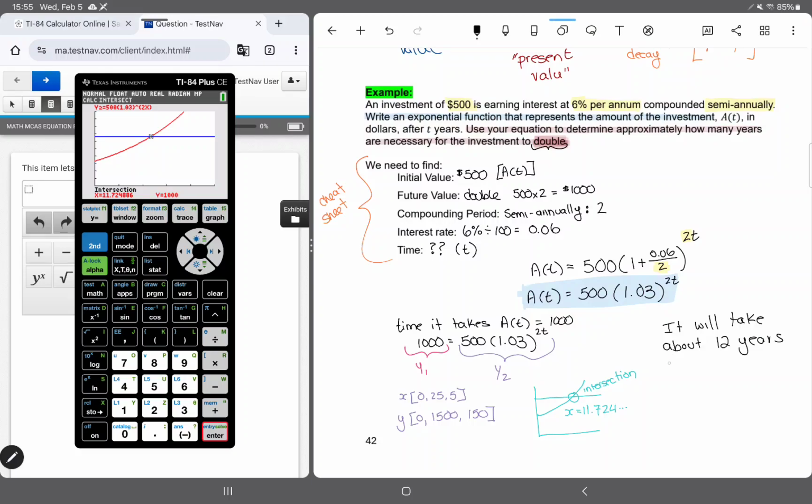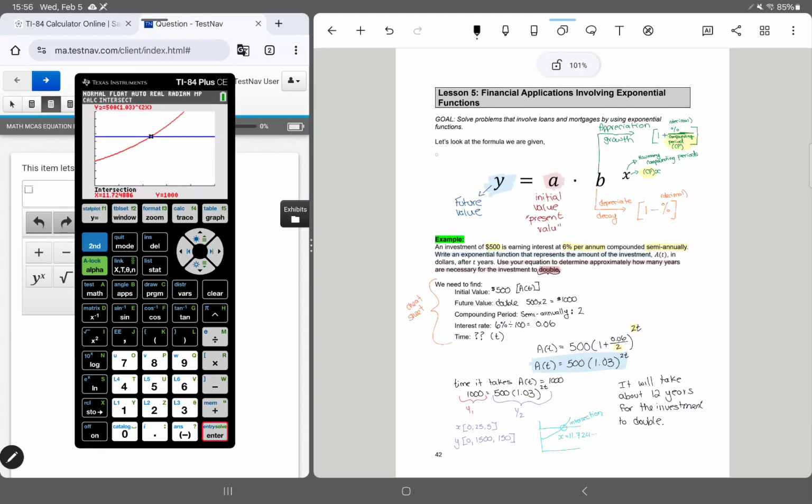So 12 years for the investment to double. And there we go. So that is the second part where we figure out how long it takes the investment to double.